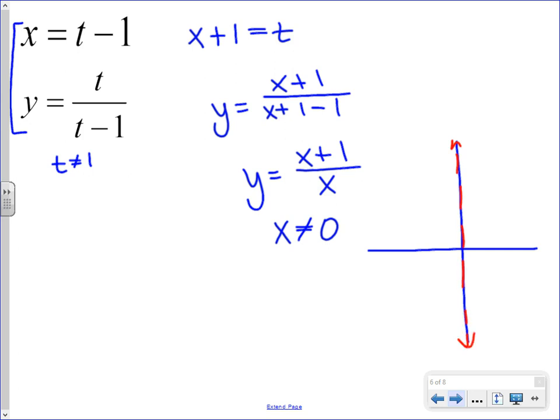We have holes when we have factors that cancel, and that's not going to happen here. Now, both of these are of the same degree, which means our horizontal asymptote is at 1. So remember that.